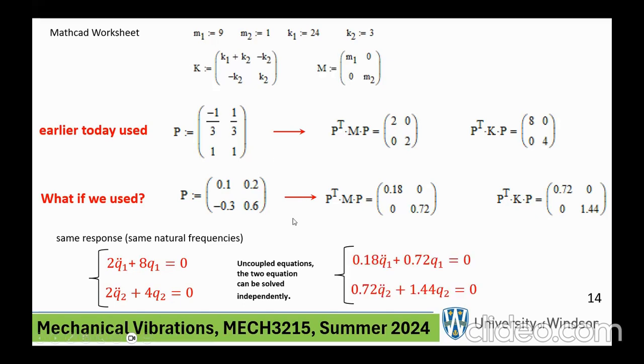And if I had used this matrix P, the equations, number-wise, look different. But look at the ratios. 0.72 over 0.18 is the same as 8 over 2. 1.44 over 0.72 is the same as 4 over 2. The point is that for the decoupled equation, although the numbers may look different, we have the same frequency here. You can see that. Okay.